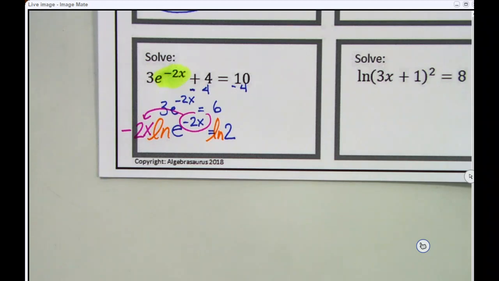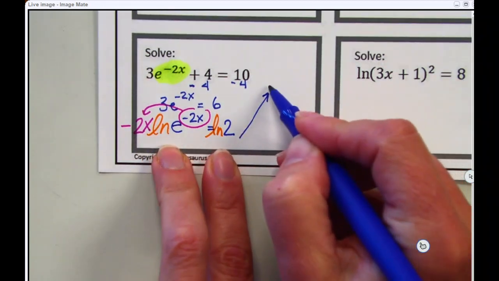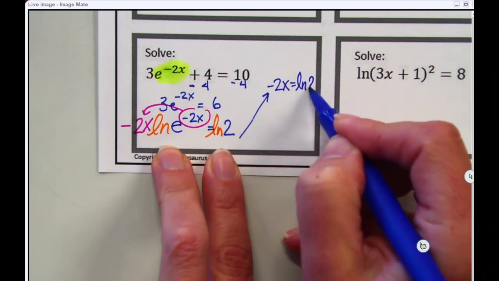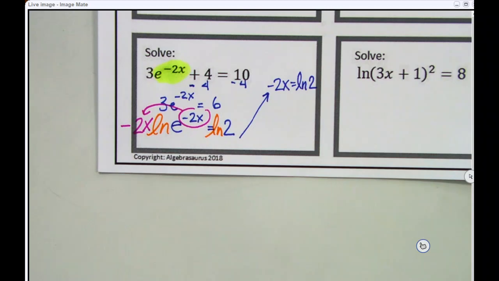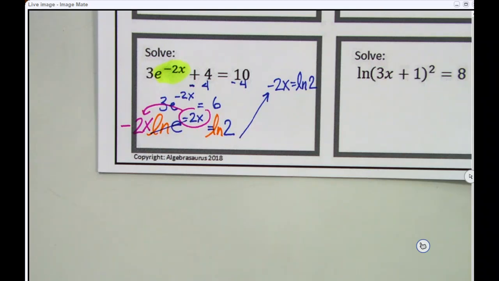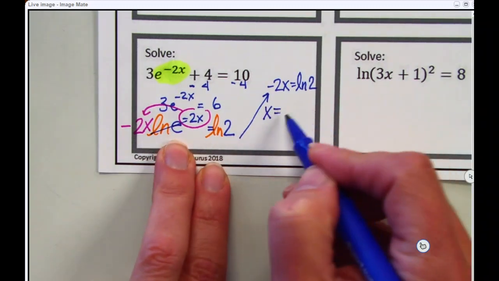So by doing that, I ended up with negative 2x equals ln of 2. Is that weird? A little bit. Those canceled each other out. What do you want to do to get the x alone? What are we going to divide by? Negative 2.